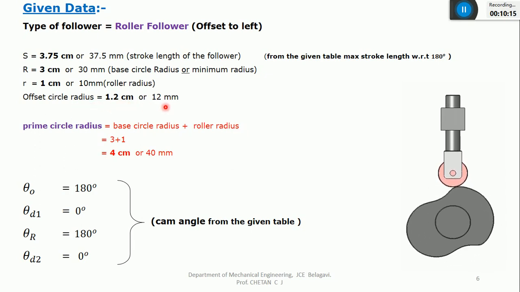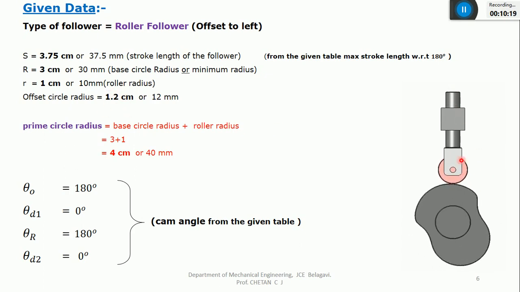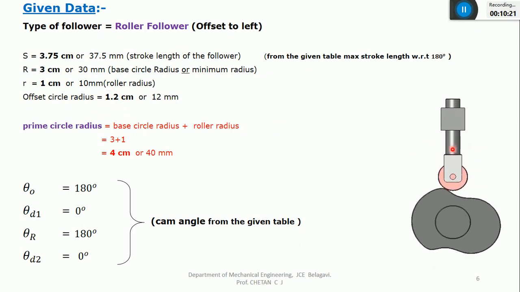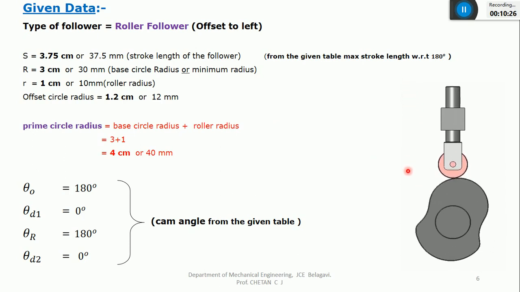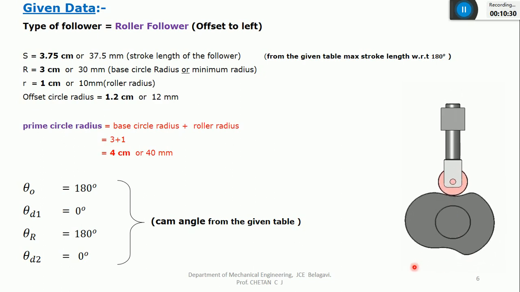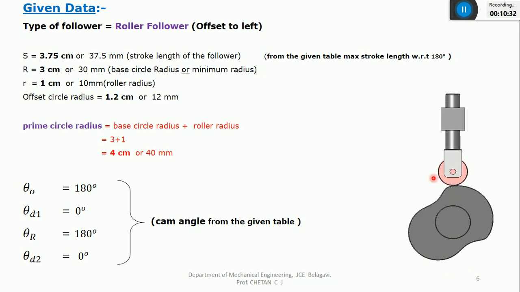I'll explain while solving the cam profile. It means the follower is slightly shifted towards your left such that the axis of the follower will come approximately here and the axis of the cam will be here. They will be separated by a distance of 1.2 centimeter, and the follower will be shifted towards left.